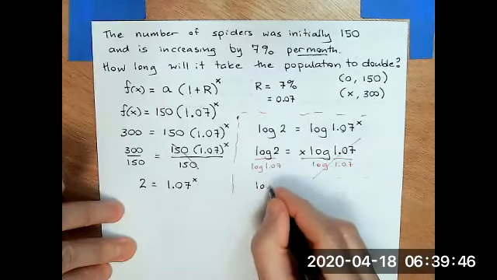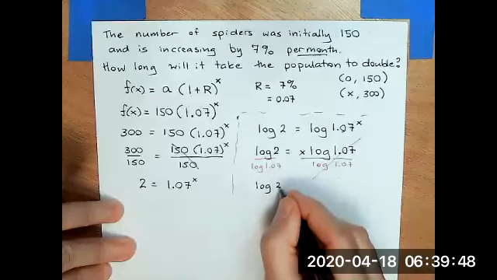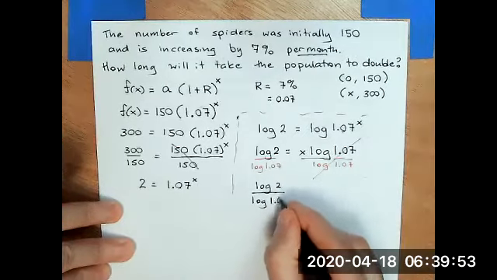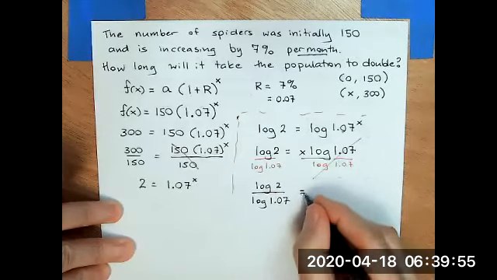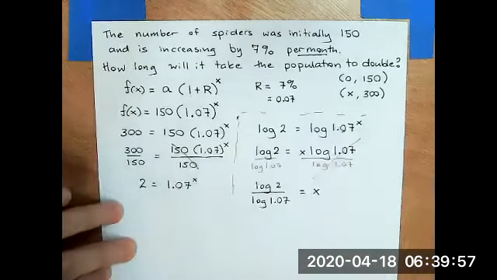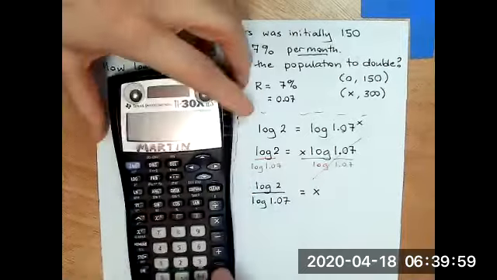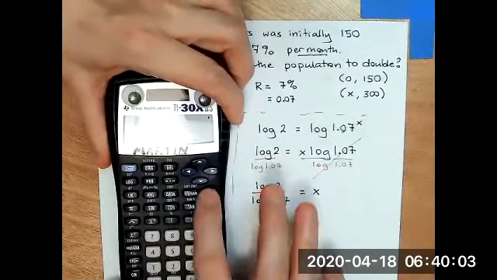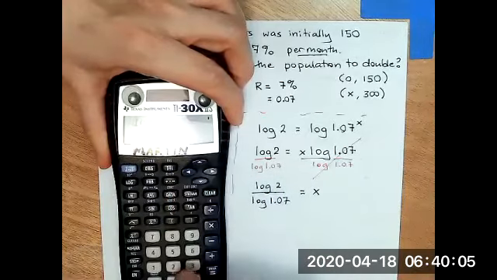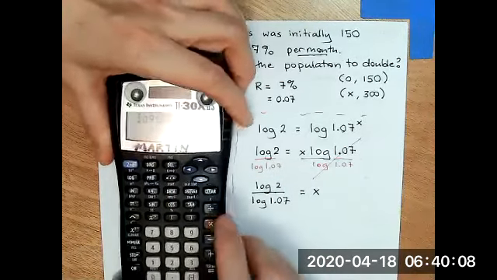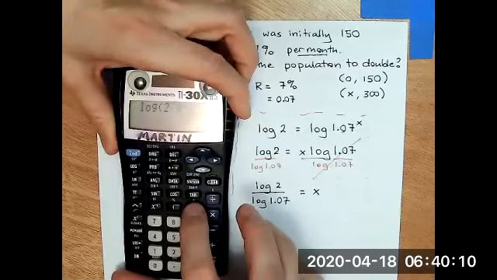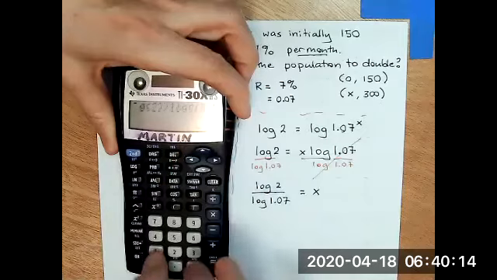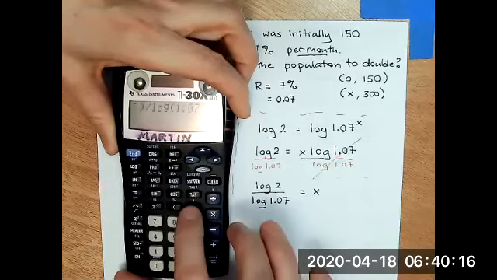So my solution is the log of 2 divided by the log of 1.07. That's the log of 2. Close the parentheses. Divided by the log 1.07.